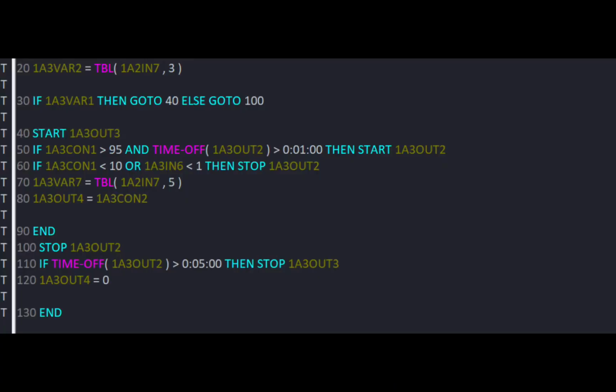Understand this a little easier with this graphic. If you're able to look at line 70, that table, TBL, is referring to the outside air. Essentially, it's the input in table 5 it looks at, and that's a setup you do in the back end. But essentially, 1A3 CON 2 and line 80, that's your PID loop.